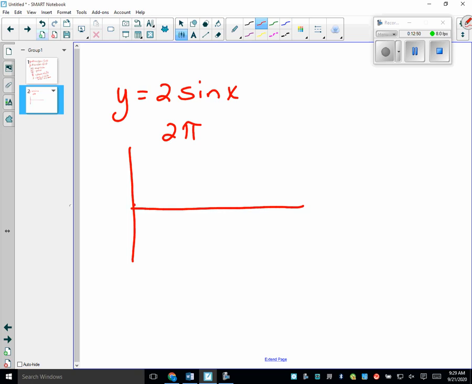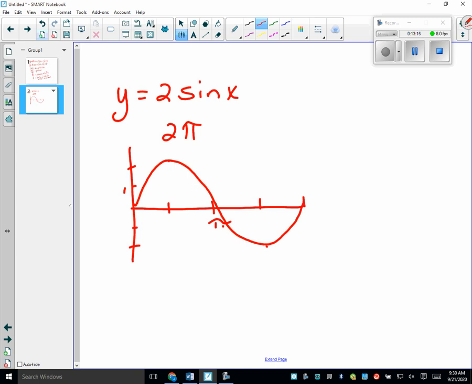And didn't it do, at pi over 2, it went to 2, 0, negative 2, didn't it? Negative 2 was here, and then back to 0. So this is what we graphed last week, wasn't it?